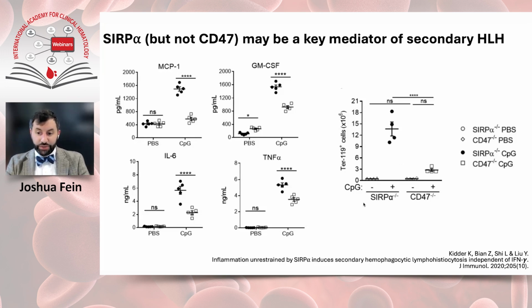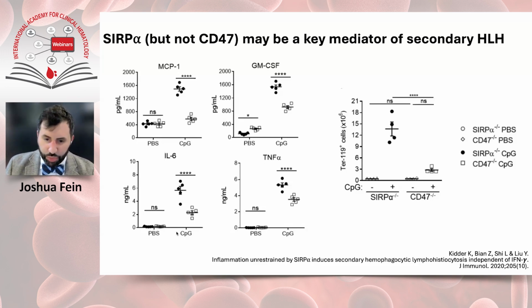So here on the right, they're comparing the SIRP alpha knockout mouse, and in the mouse that did receive CPG, you still see that normal phagocytosis, whereas it's not seen in the CD47 double knockout.